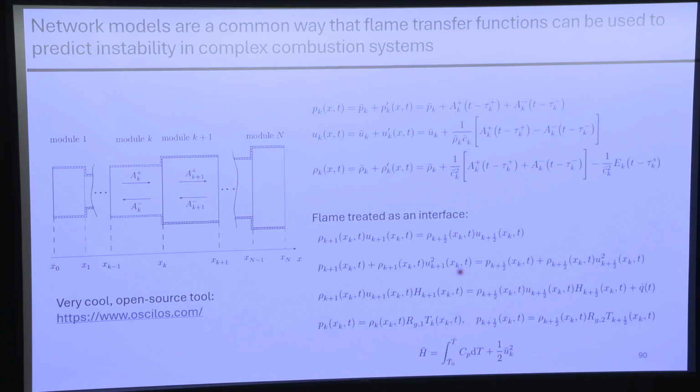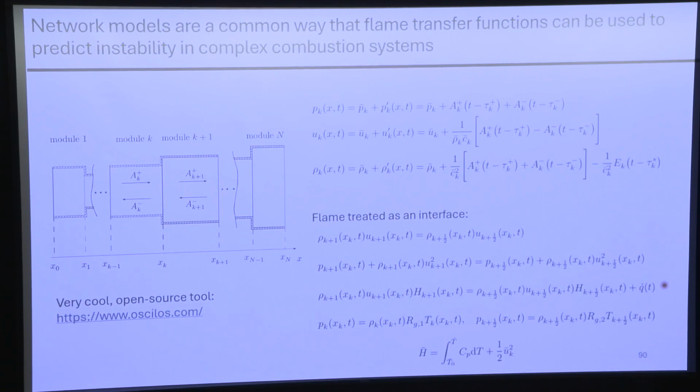Every time we build a thermoacoustic experiment in my lab, the first thing we do is put it through Oscillations and play around with it just to see what we think we're going to get, what the modes look like, that sort of thing. There are a few different models for heat release rate, for the flame transfer function, in Oscillations.